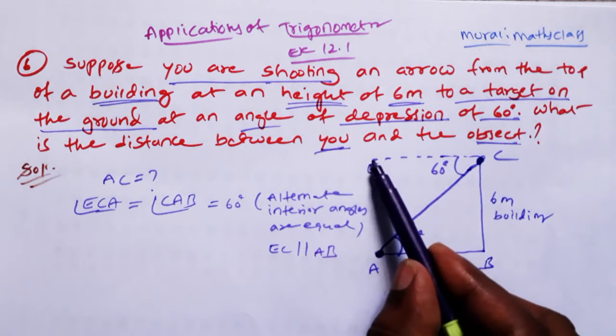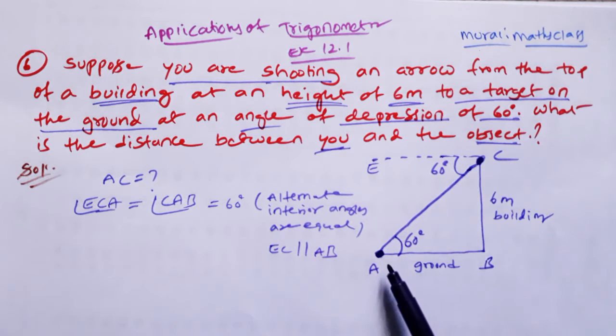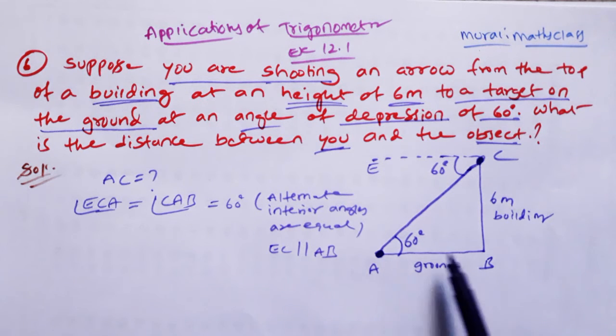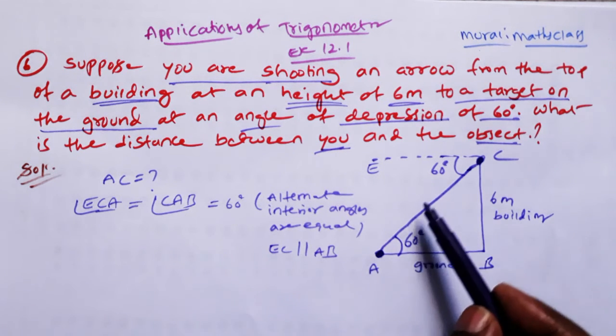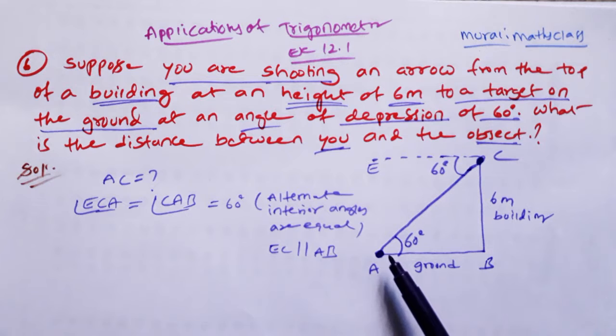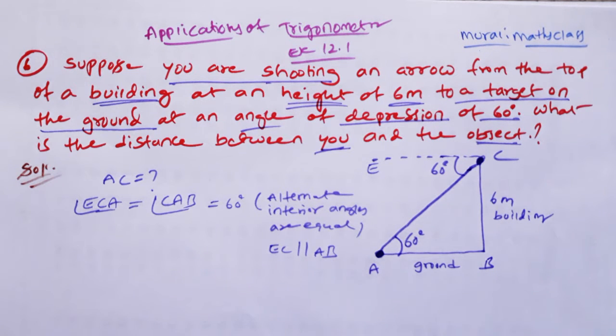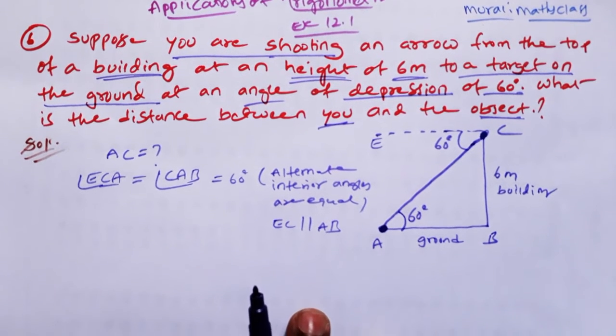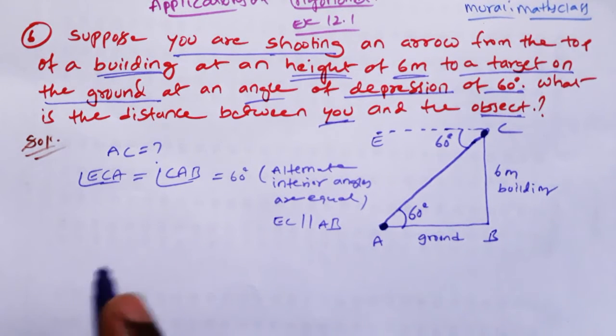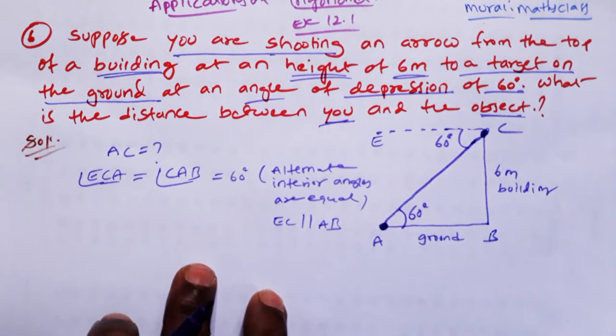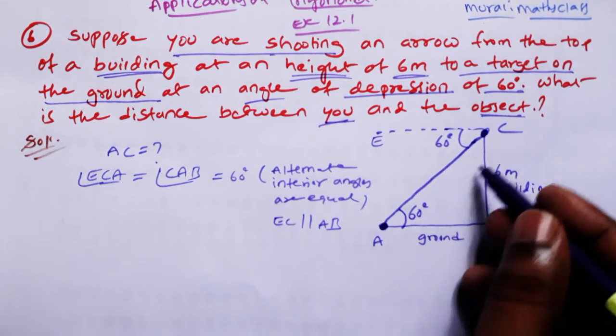See here, this line EC is parallel to line AB, and AC is a transversal. These two will be alternate interior angles, equal. Okay, that is a concept there. Okay, next we have to find AC. We have to find now AC.